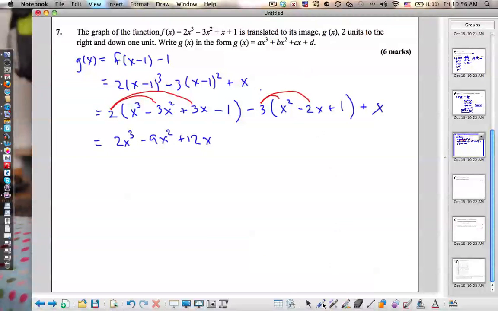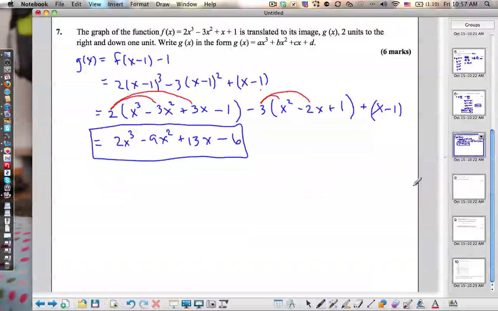That will definitely go to 0, we can get rid of that, but this is an x minus 1. So that 12x will become a 13x. And then that last piece, minus 2, minus 3 is minus 5, minus 1 is minus 6. I hope that's right. Yeah, that's in the right form.